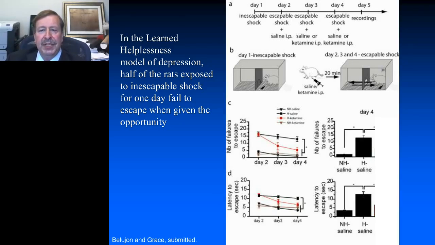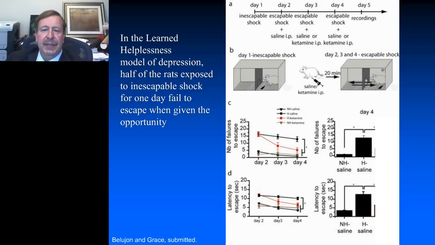They show normal escape responses. But half the animals are helpless. They don't escape because they've learned that they aren't able to control their environment, something that we think happens with depressed patients as well. So the non-helpless animals don't fail to escape, while the helpless animals do fail to escape.